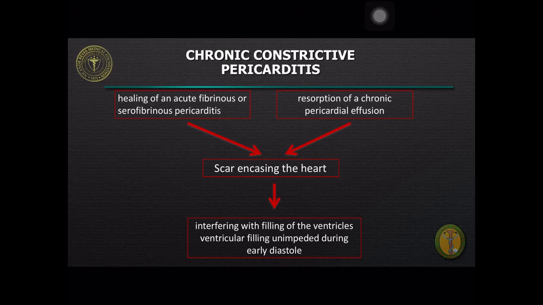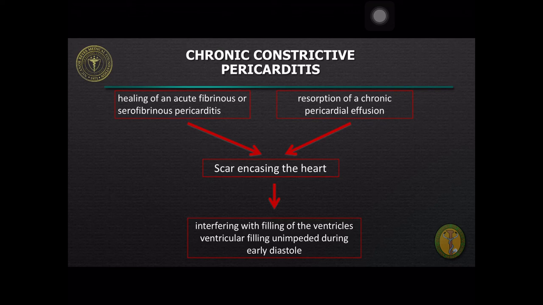Chronic constrictive pericarditis is a consequence of acute fibrinous or serofibrinous pericarditis followed by obliteration of the pericardial cavity with formation of granulation tissue, which subsequently contracts and forms a firm scar encasing the heart, which may become calcified.